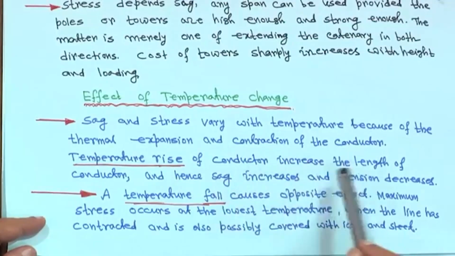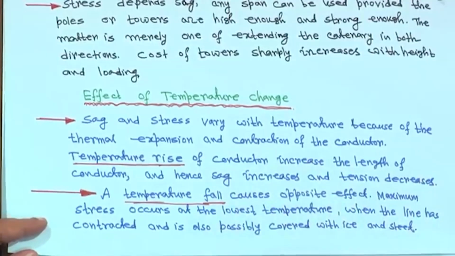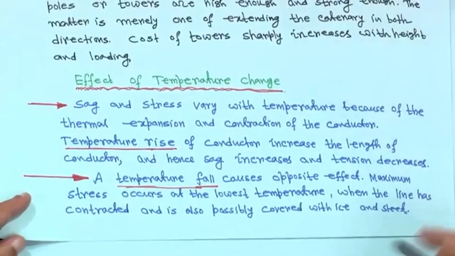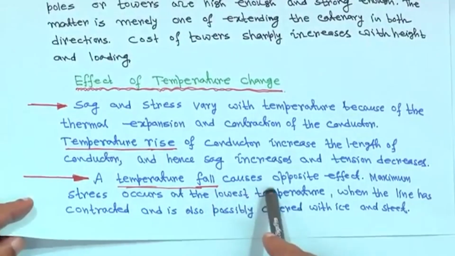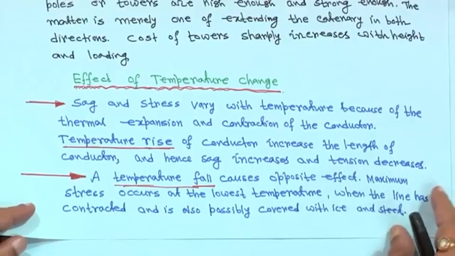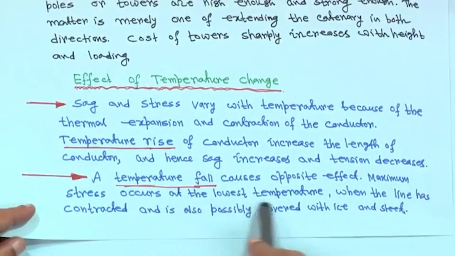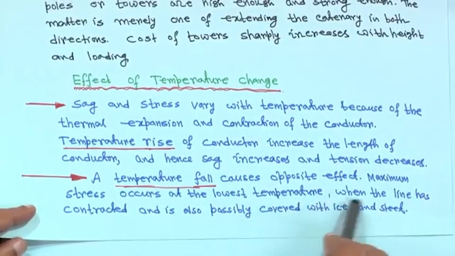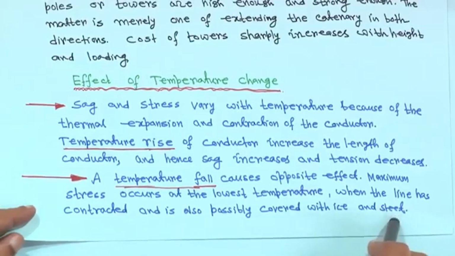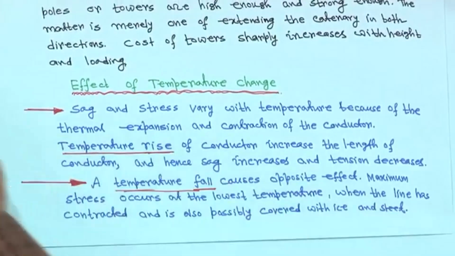Temperature rise of conductor increases the length of conductor, and hence sag increases and tension decreases, and vice versa. Similarly, temperature fall, that is in winter, causes just the opposite effect, right. So, maximum stress occurs at the lowest temperature when the line has contracted and is also possibly covered with ice and sleet, right. This can happen particularly in the winter.